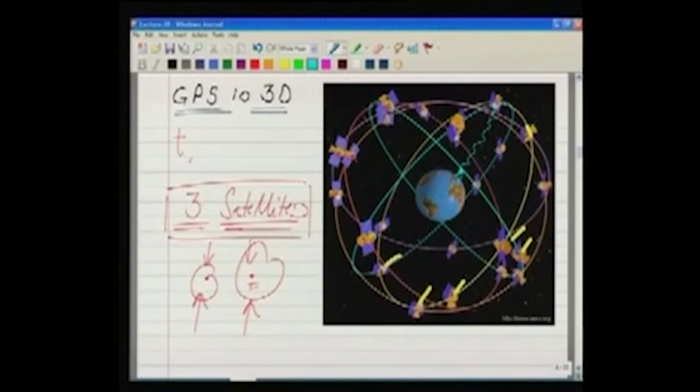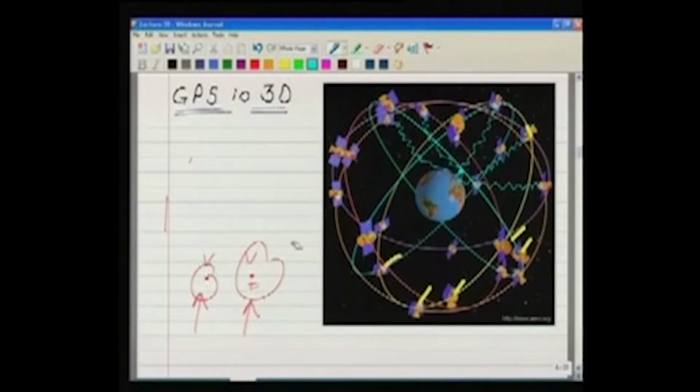All the satellites are transmitting the signal, and there is no signal going from receiver to satellite. So the signal is transmitted from satellites to receiver, not from receiver to satellite. This is not here as in the case of the EDMI.